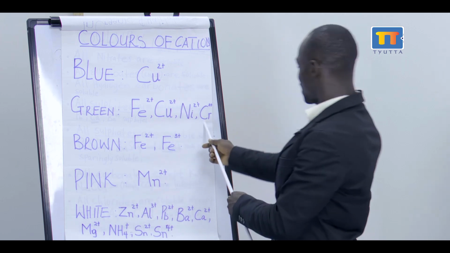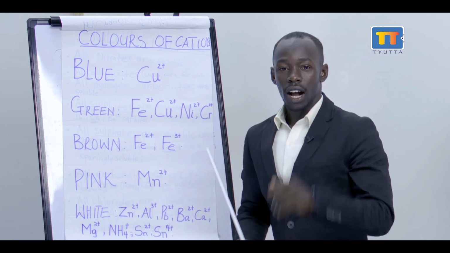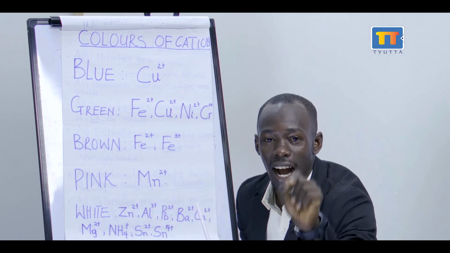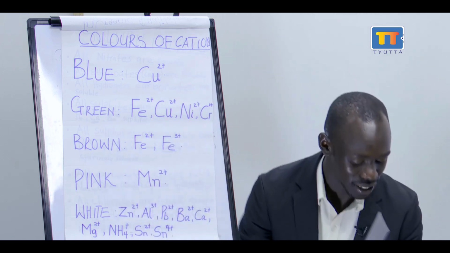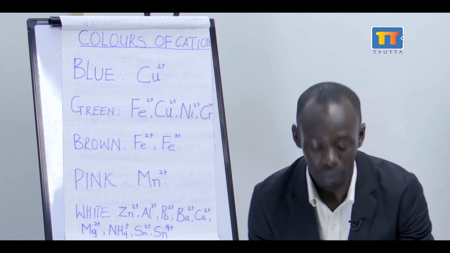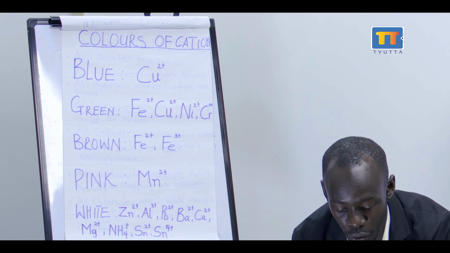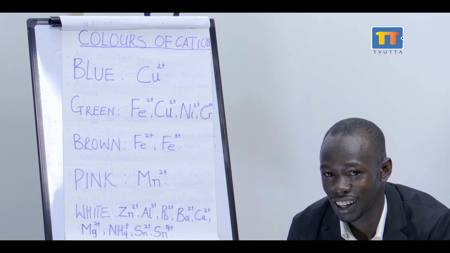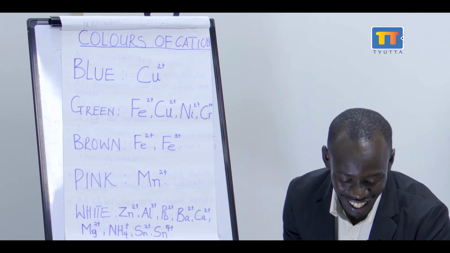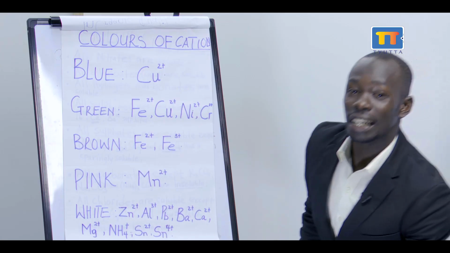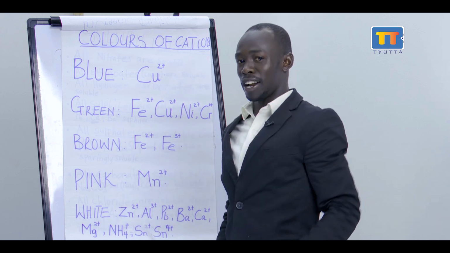Now, can I also show you the green color I'm talking about here in the chemistry laboratory? Very nice. It is here. This is the green color. Can you see it very clearly? Very nice. This is the green color we are talking about in the chemistry laboratory.